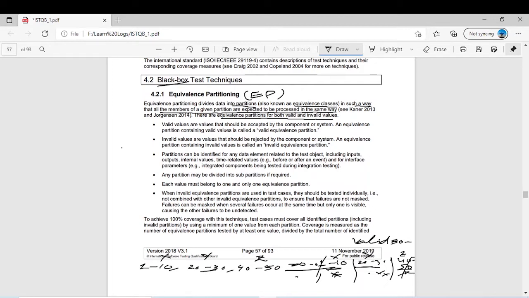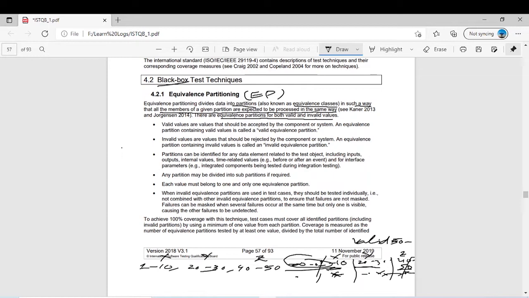If they ask you to test for all valid and invalid values, then these 3 test cases plus 1 from the invalid class minus infinity to 0, and 1 from the invalid class 51 to plus infinity. So 5 test cases, valid plus invalid.